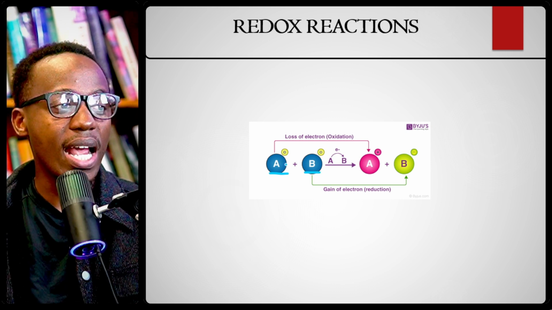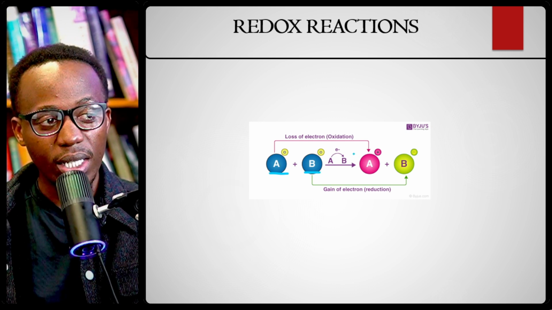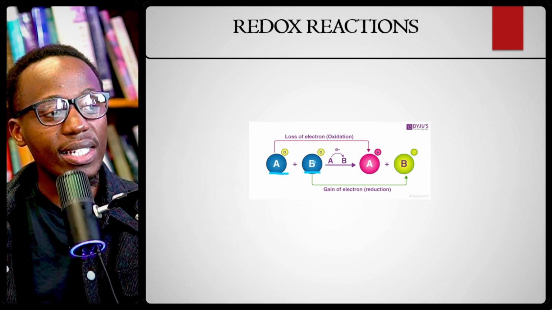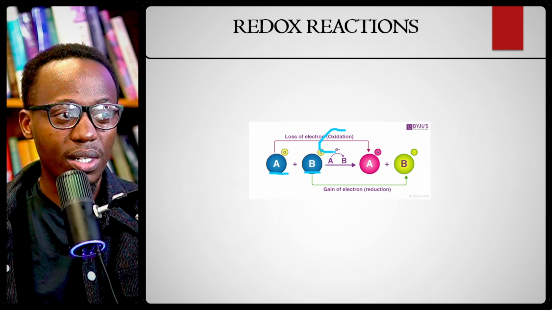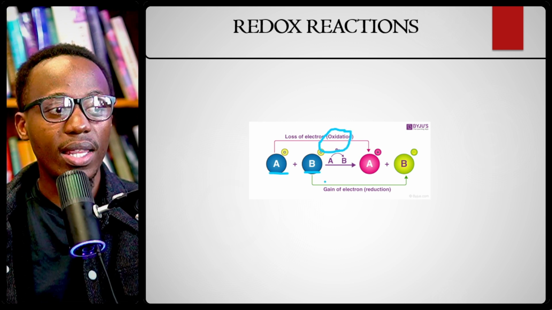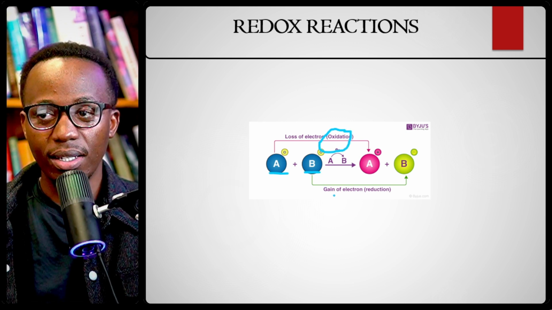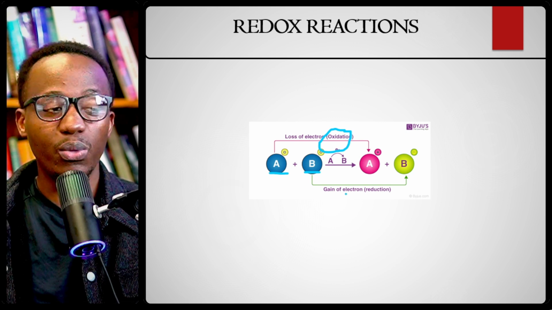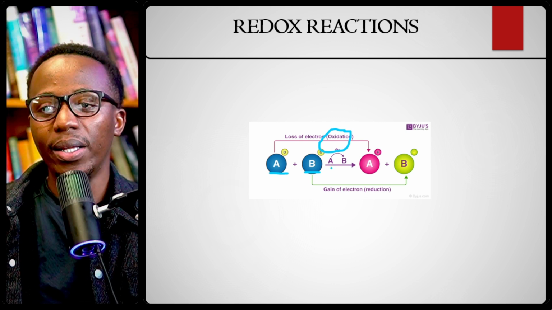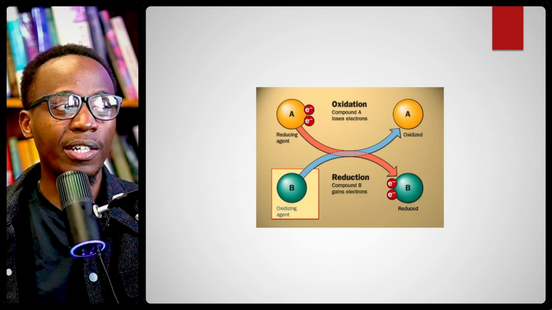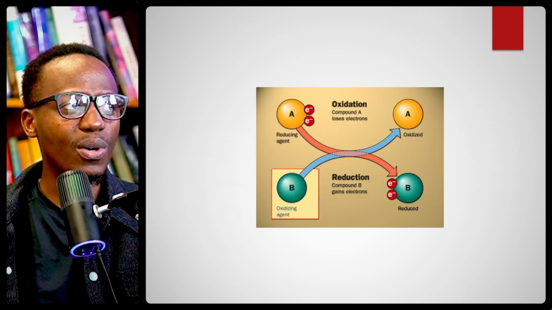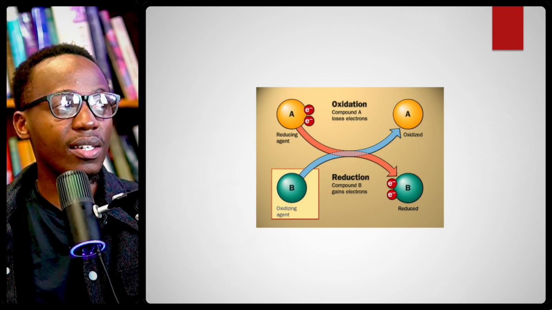Right? So one entity loses an electron and then another entity gains an electron. So one undergoes oxidation, the one that loses an electron, and then another one that gains an electron undergoes reduction, right? Now, a lot of students get confused, so I added this here to help you understand these terms.